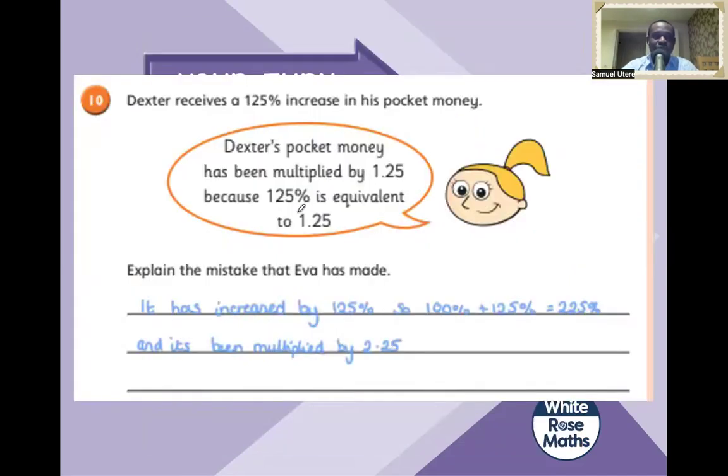Okay, question 10. Dexter receives a 125% increase in his pocket money. Eva says Dexter's pocket money has been multiplied by 1.25 because 125% is equivalent to 1.25. Explain the mistake that Eva has made.